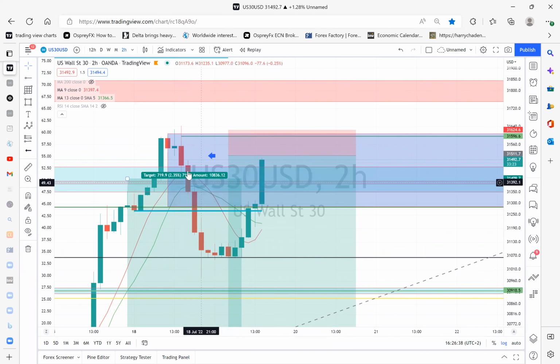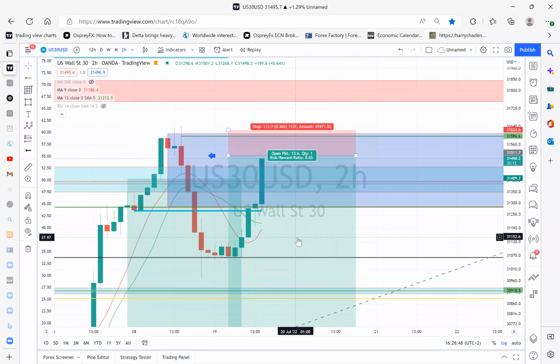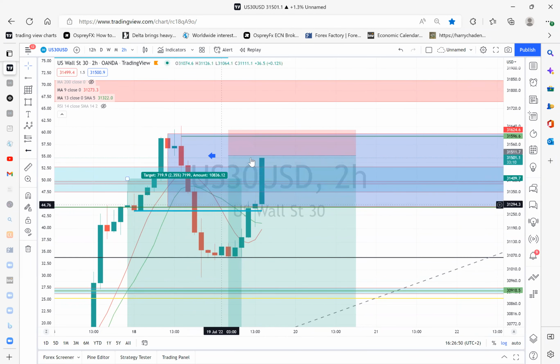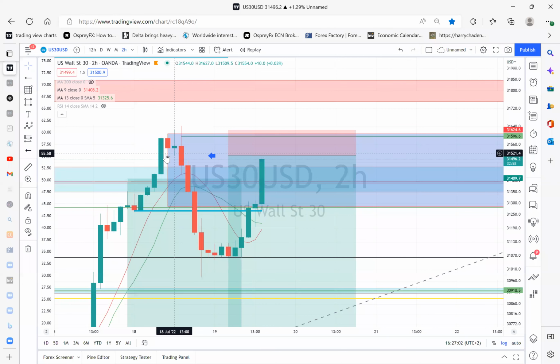Sometimes, if this institutional candle didn't have a fair value gap and it was down here, then the chalk would have come to this fair value gap and then sold down. The market is only going to imbalances and order blocks. It's not just some random place on the chart. So once you understand that, you just have to trust what you see.